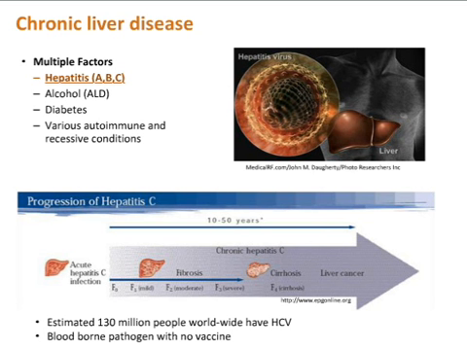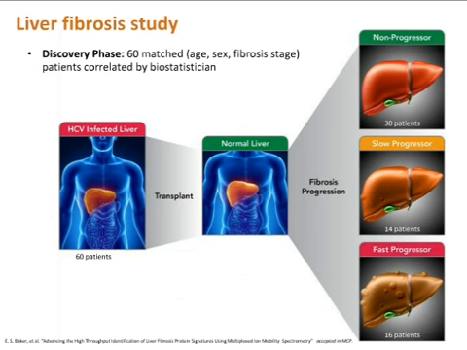This was related to chronic liver disease with hepatitis C. It's really important to study hepatitis C because it's estimated in 130 million people worldwide, and it's a bloodborne pathogen with no vaccine available. In the study, we looked at 60 different patients initially, and they all had liver transplants.